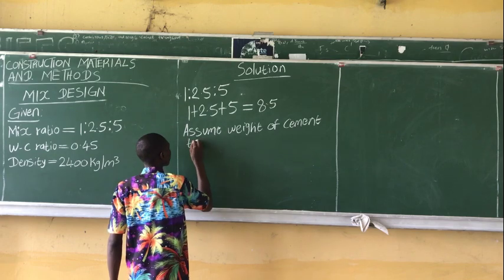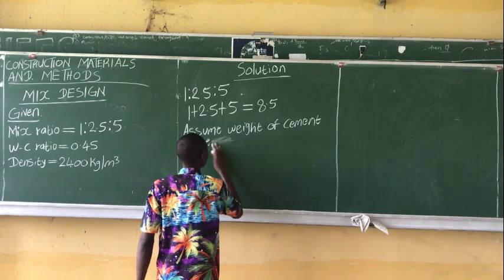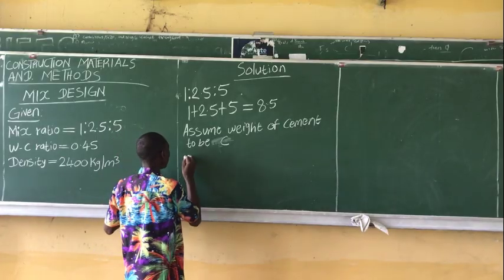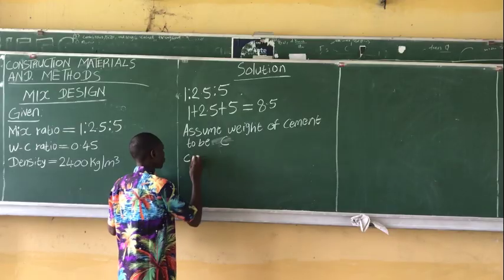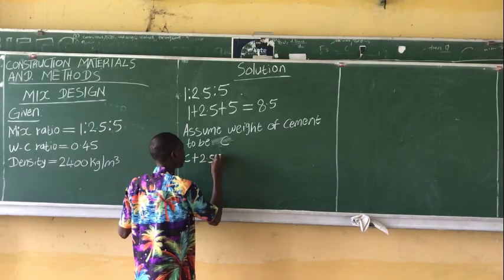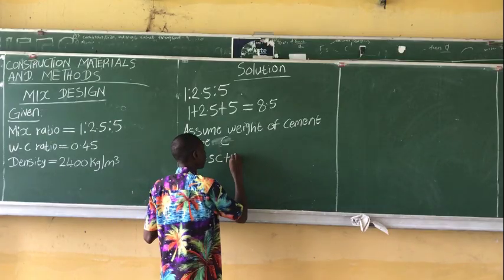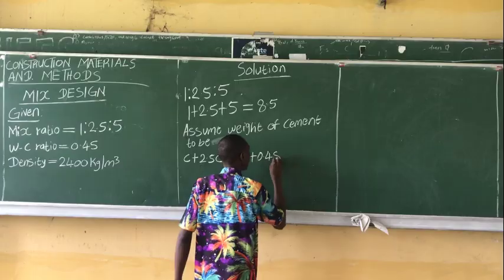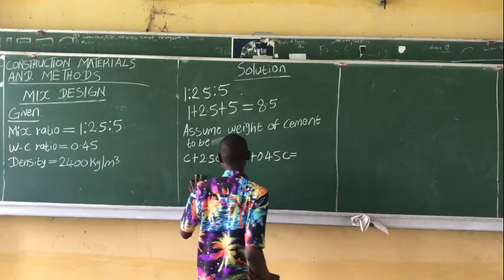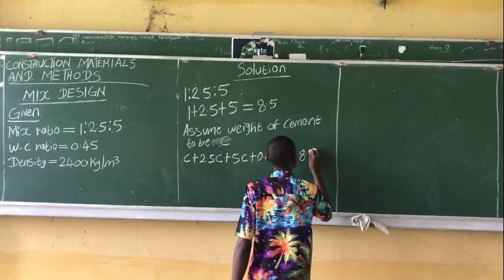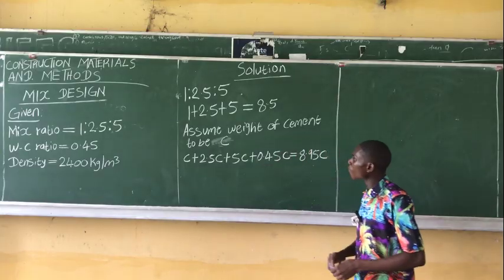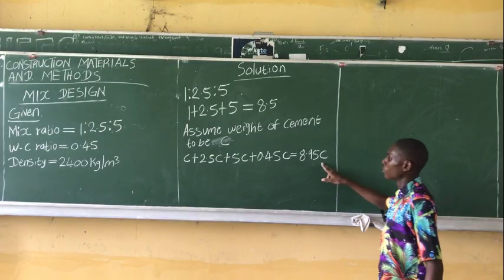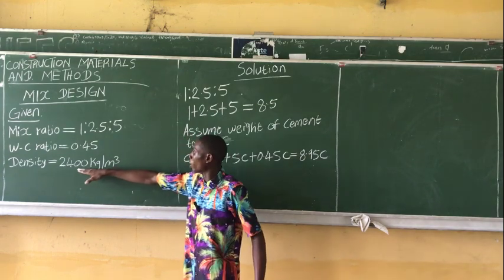Let's assume the weight of cement to be C. If we assume the weight of cement to be C, then the total weight of the concrete is going to be C using the ratio, plus 2.5C, plus 5C, adding the water cement ratio, plus 0.45C, and that's going to give us 8.95C. So we have the total weight to be 8.95C, and we are given the density to be 2,400 kilogram per meter cube.